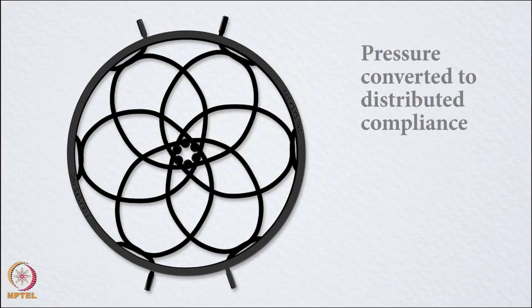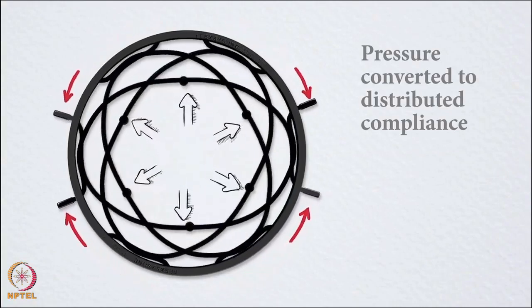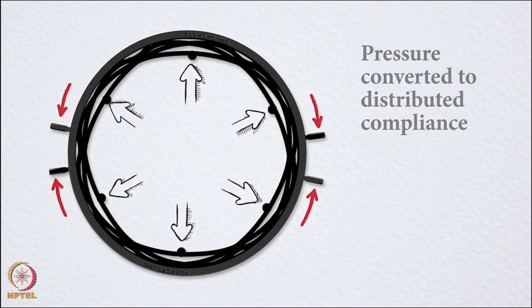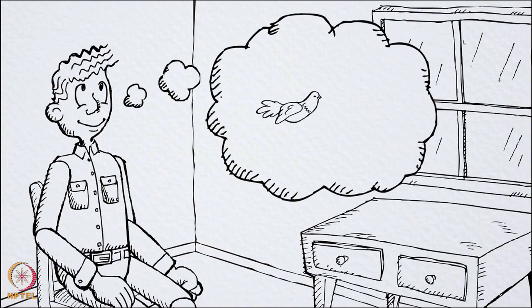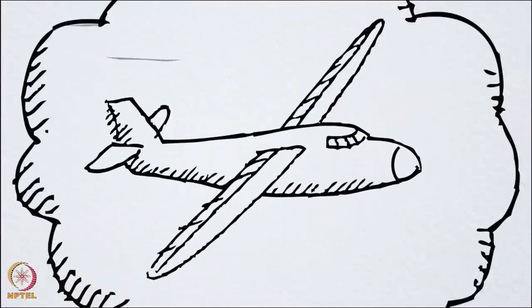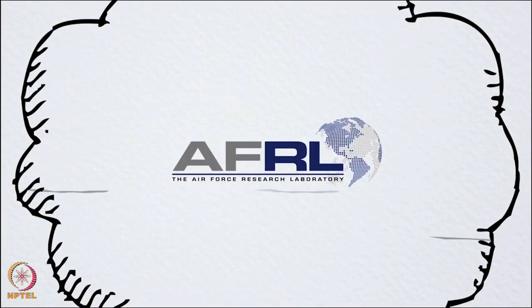The idea of distributed compliance is to distribute the compliance, the flexibility of the material distributed throughout the structure so that no one part is overstressed. It occurred to Dr. Khota, by distributing the force deformation, it would be possible to create a seamless, morphing aircraft wing. This was the idea he brought to the AFRL.